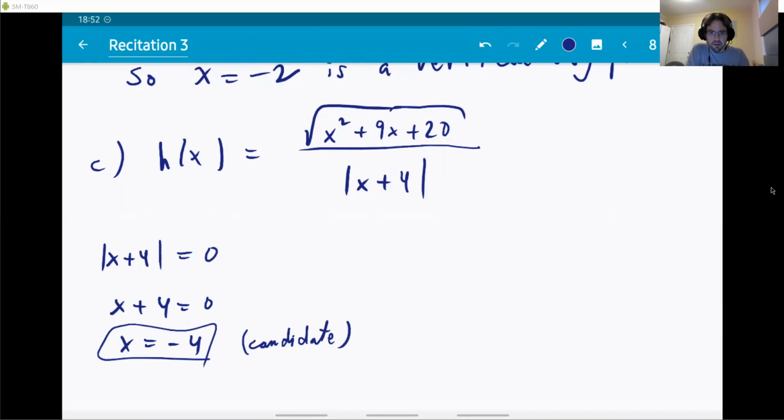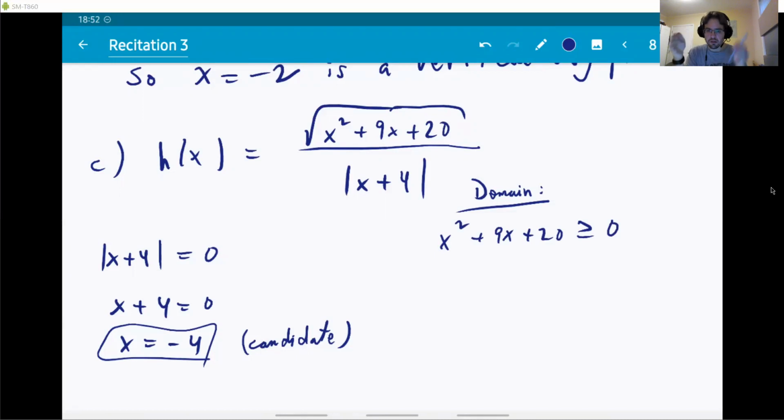And then the other places where you can have problems here is if the function inside of the square root becomes negative. So in other words, for the domain of this function, maybe I'll write the word domain here. How would you find the domain of the function inside of the square root?